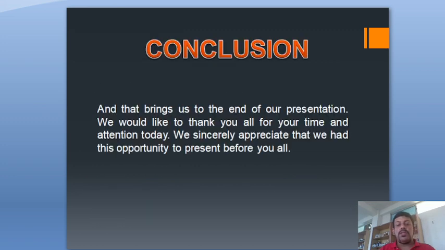So in conclusion, this is the end of our presentation, and we would like to thank you all sincerely for your time; we had a pleasure to present before you all. It is very easy to understand the various diseases in crops, but we should know about the disease cycle, the management, and the nature of the pathogen.